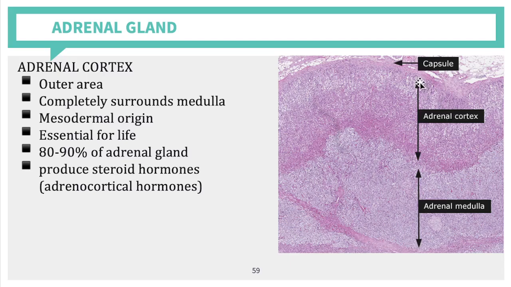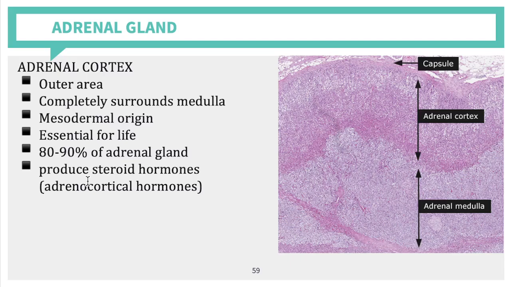Now, you have your adrenal cortex, this portion here. Your adrenal cortex is the outer area. It completely surrounds your adrenal medulla. Take note, the adrenal cortex is mesodermal in origin and is essential for life. It makes up 80 to 90% of the adrenal gland, and it produces your different steroid hormones, your adrenocortical hormones.